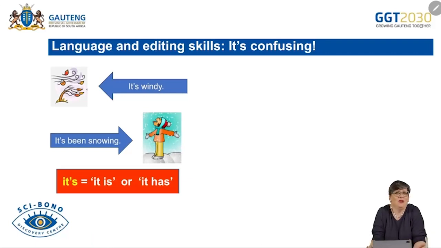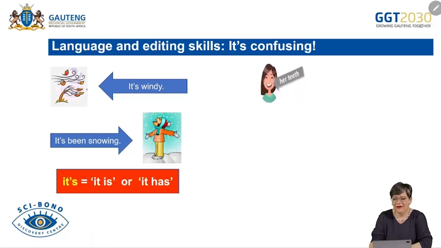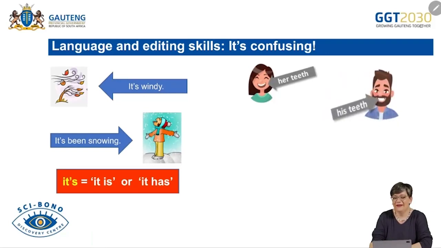So when do we use its without an apostrophe? Let me show you. We will say her teeth, his teeth, and lastly, its teeth.